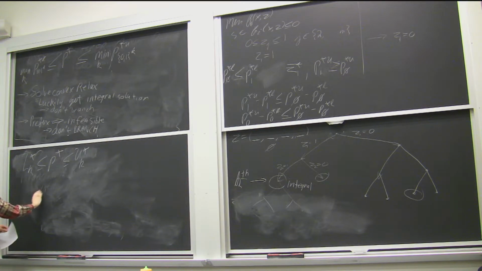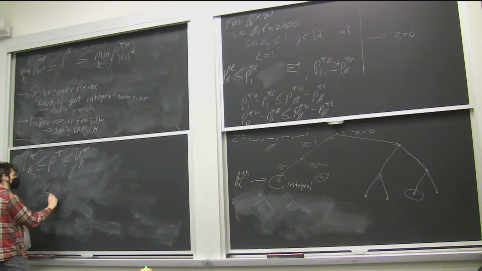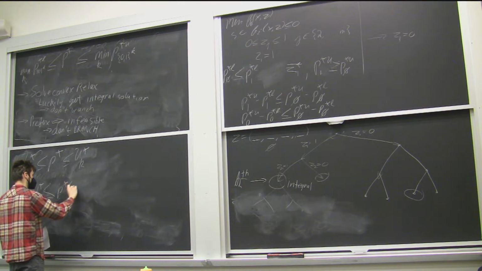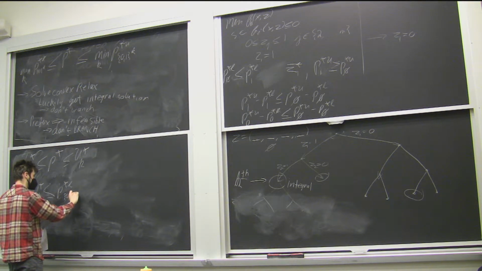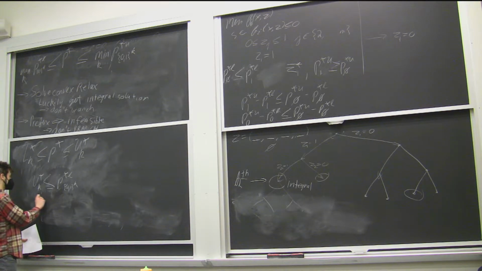Let's say that at some node at that level, the lower bound on that solution that I'm computing there is actually bigger than the best upper bound I have. I think you can probably guess what I'm going to say. Once again, don't branch.